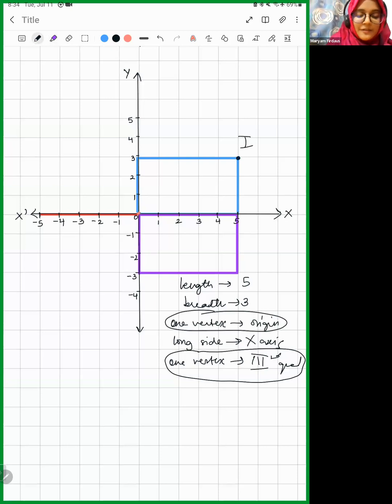In this, the vertex is in the 1st quadrant. In here, the vertex is in the 4th quadrant. But they have told us that the vertex should be in the 3rd quadrant. How will that be possible? That will be possible if we take this over here. Over here, one vertex is in the 3rd quadrant. The yellow one. Can you see it now?